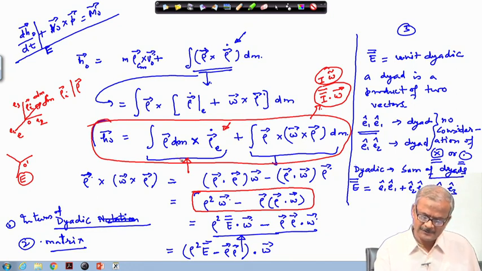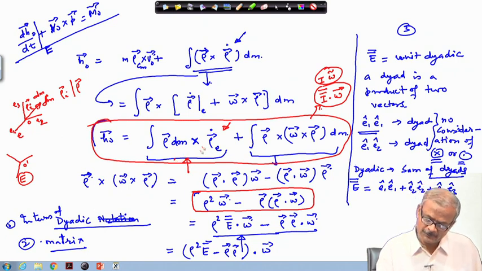So, for a non rigid body this term will not be 0, and for a rigid body this particular quantity will vanish, and therefore this term will be eliminated.